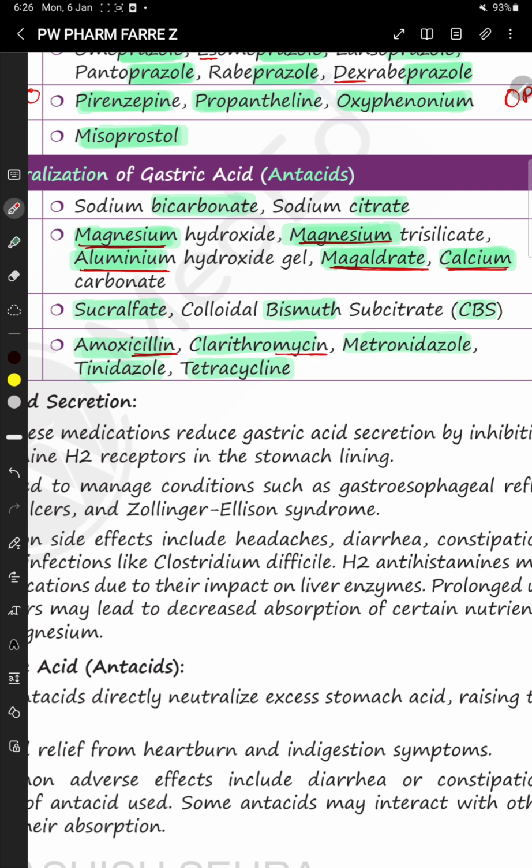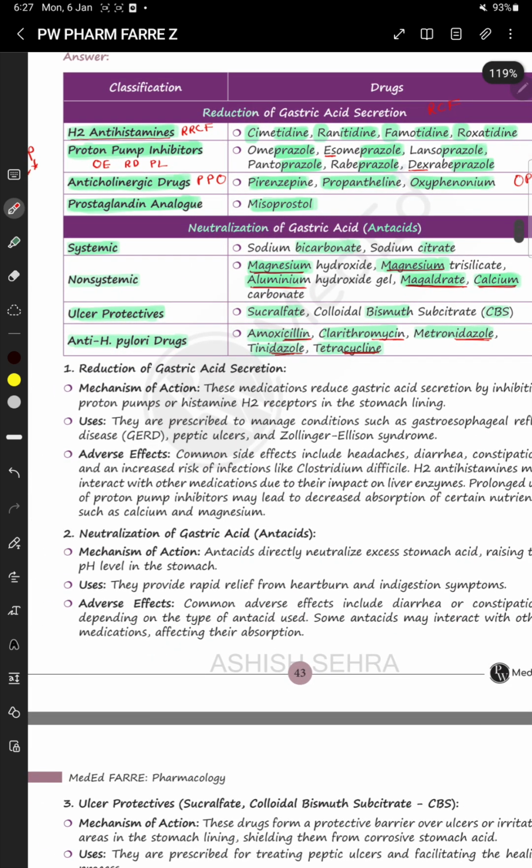One more dazole is tinidazole. These are examples of anti-H. pylori drugs.